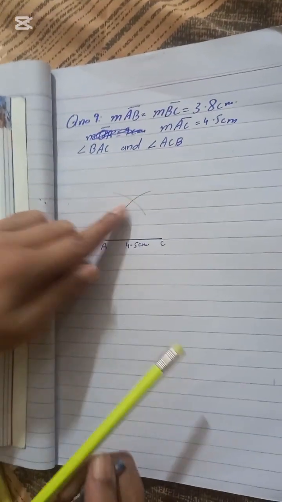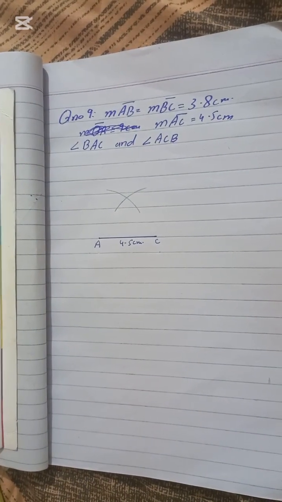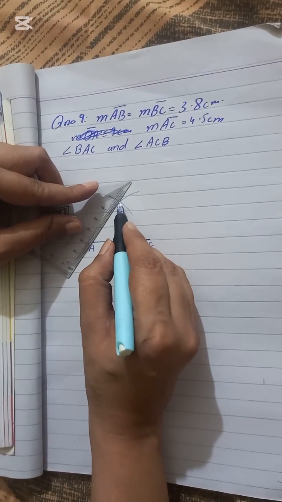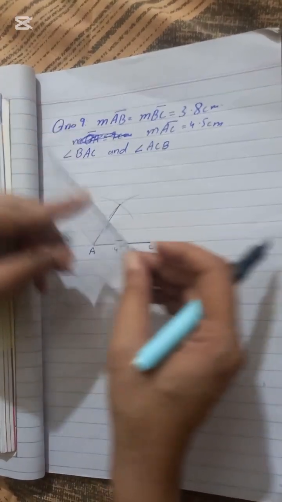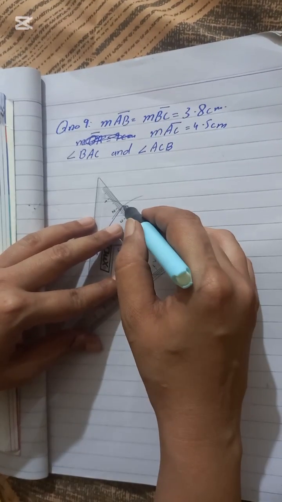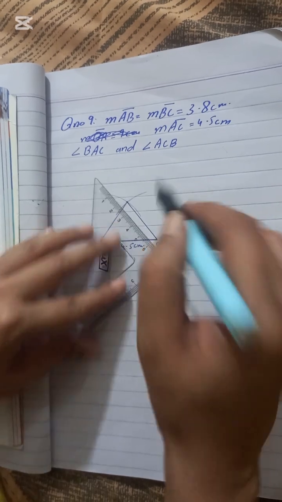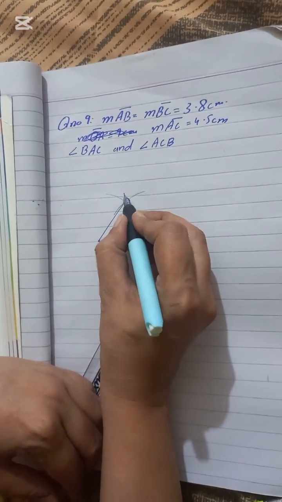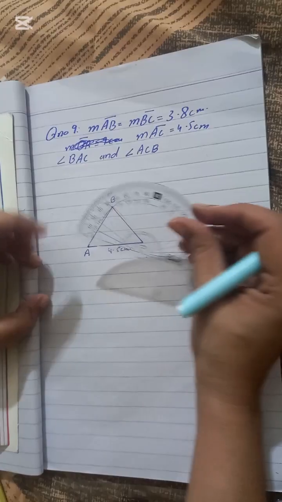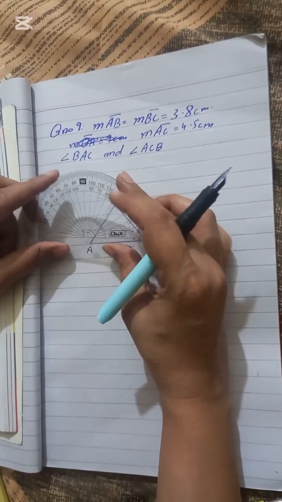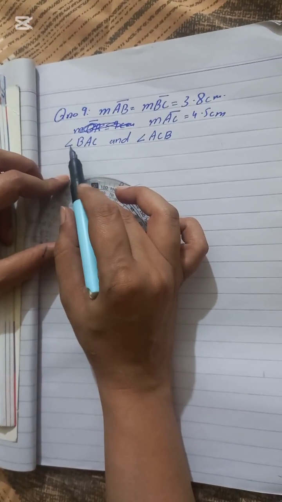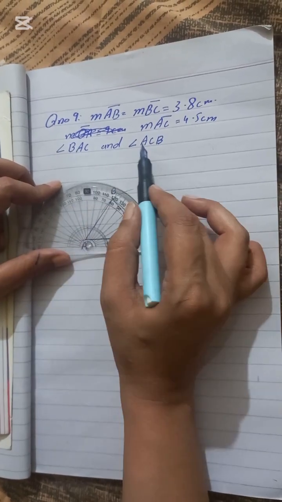It's an intersection point, and we join this intersection point with A and with C. It's the B point. The intersection point is called B. Now the requirement is also to measure the angles BAC and ACB.